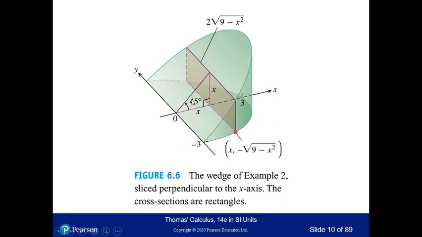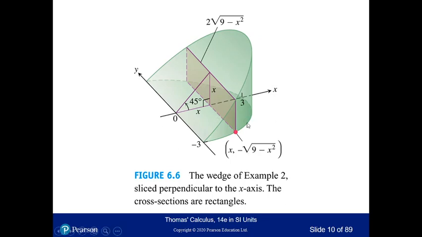So for x, the width of the rectangle is x, and for the length of the rectangle, what's the formula for this graph? This one is circular, so for each x this distance is the square root of 9 minus x squared, because of the circle.